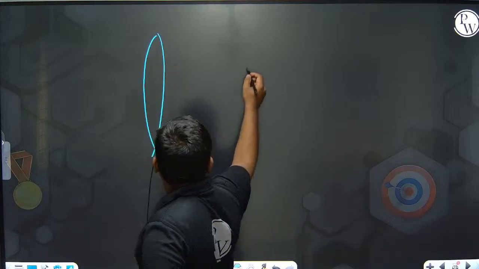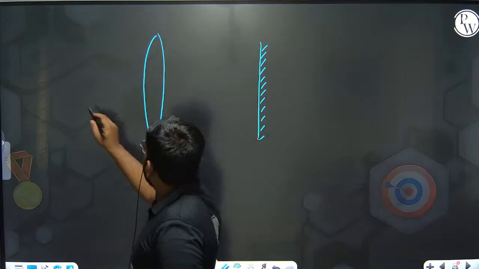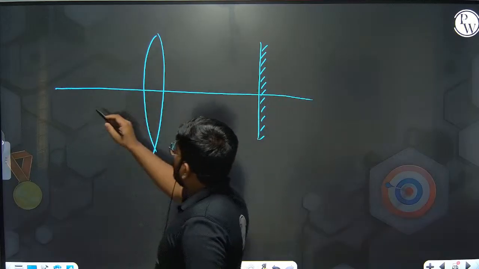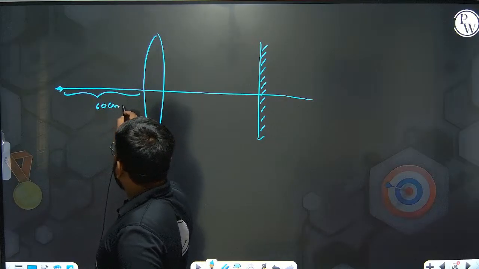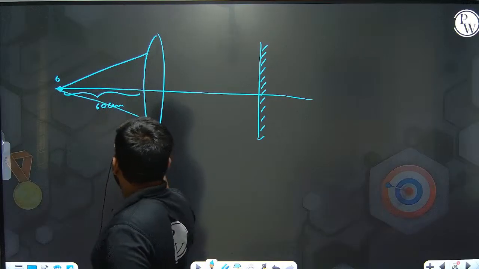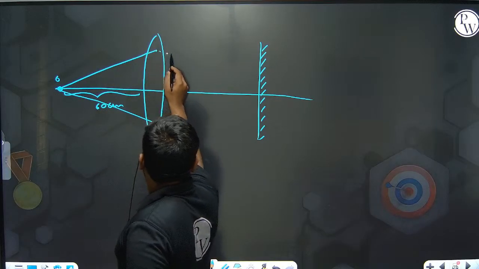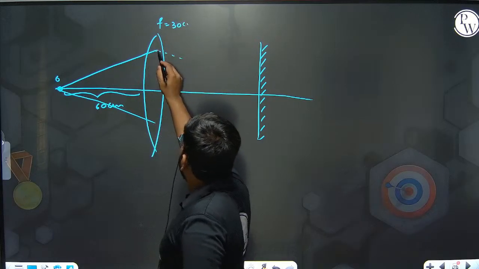So this was a lens and this was a mirror. First it was 60 centimeters, and here this was the object, so where will the image be formed? The image was trying to form, because f is equal to 30 centimeters. I'm just showing you once again.